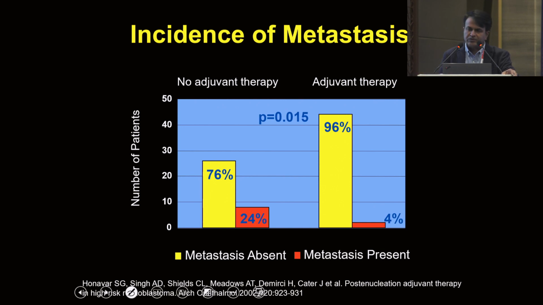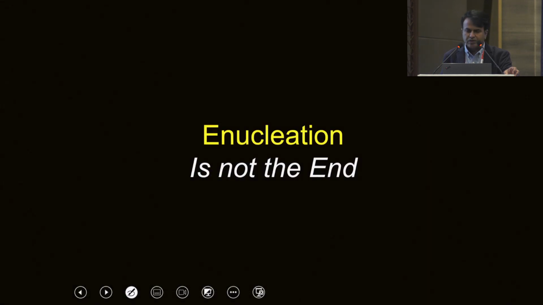In those patients, if we don't give adjuvant therapy, then the chance of mortality is about 25%. If we give adjuvant treatment, that can be reduced to about 4 to 5%, thus giving a life salvage benefit of 20% straight away. So we have to identify histopathological risk factors strictly by protocol, by using not just the central pupillary optic nerve section but also lateral sections and bread loafing, and then go on to give adjuvant treatment.